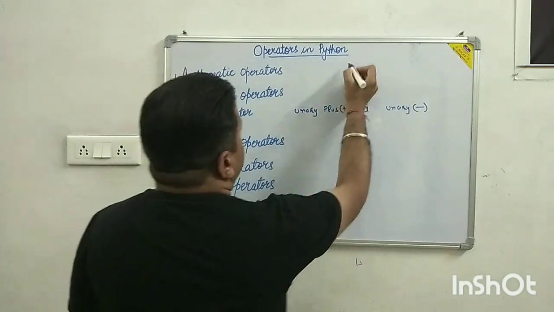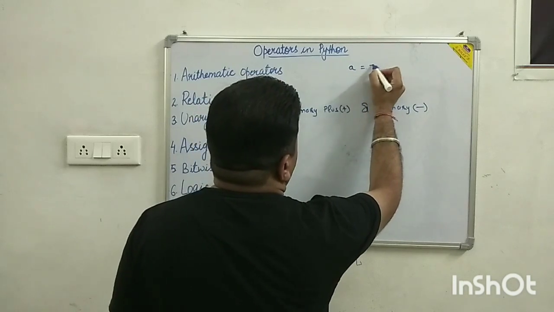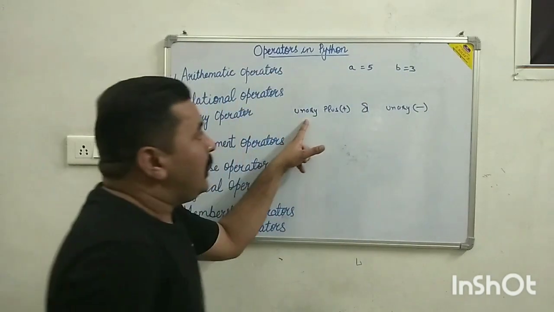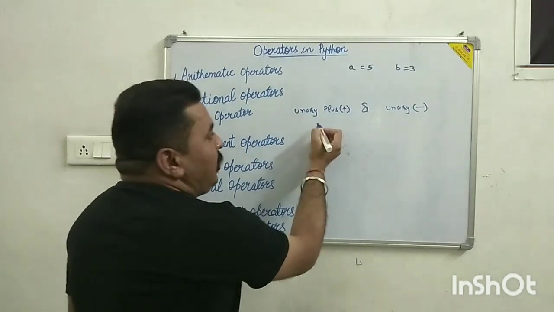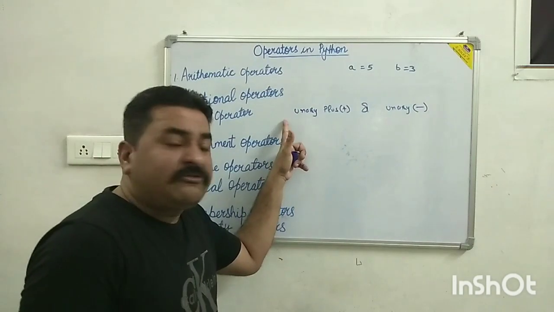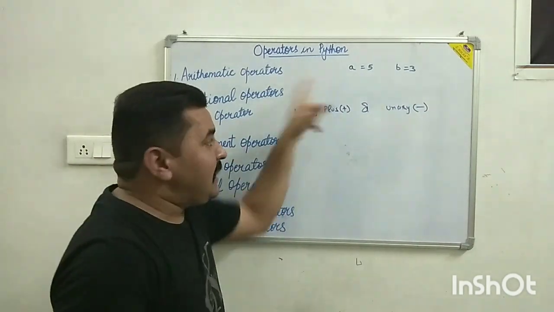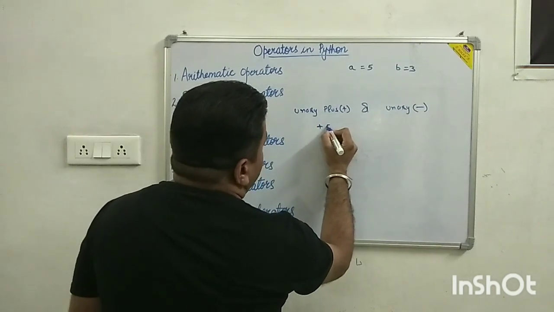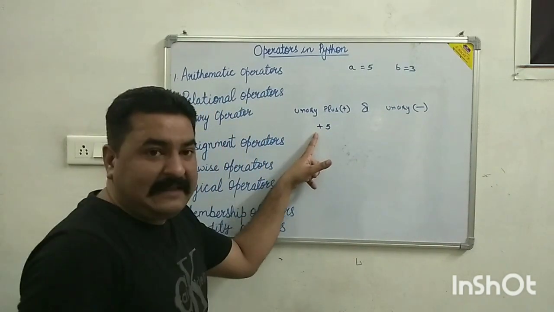If we have two variables, A is equal to 5 and B is equal to 3, then in the unary operator we choose only one variable. If we assign a value of unary plus, we say it is plus 5.